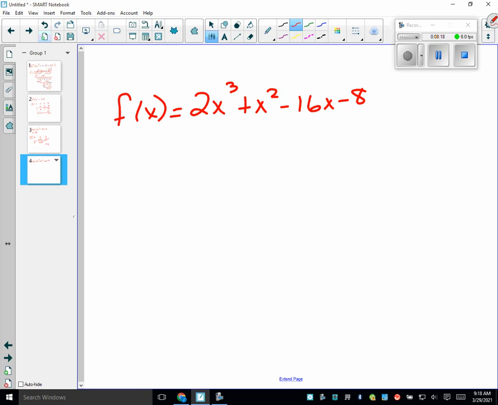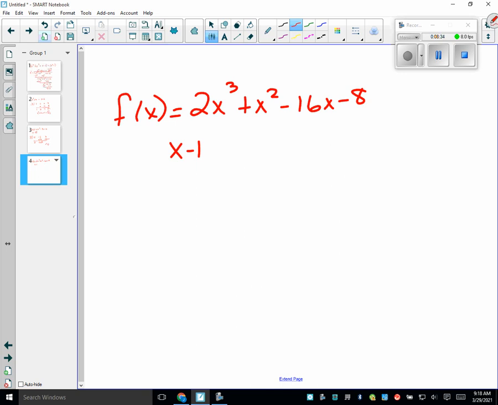I want to know, is this a factor? And we're trying to find the 0, right? We're not trying to find the 0. The last term has to be 0 for it to be yes.